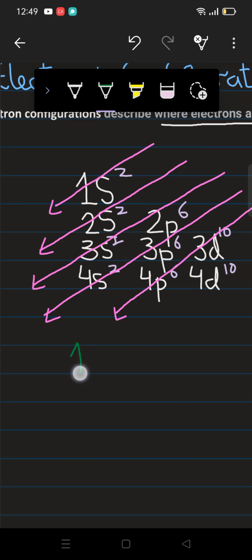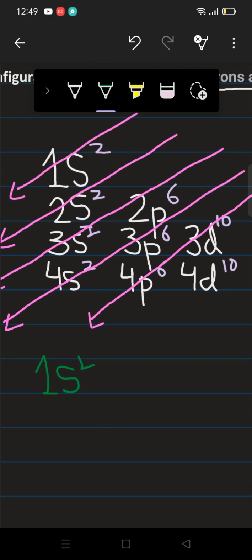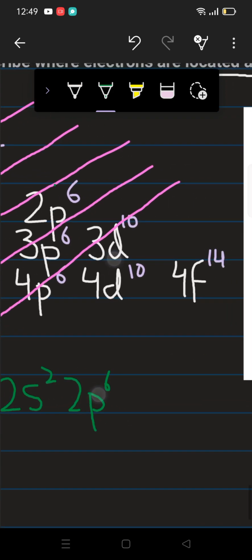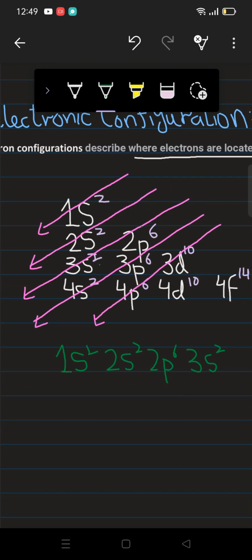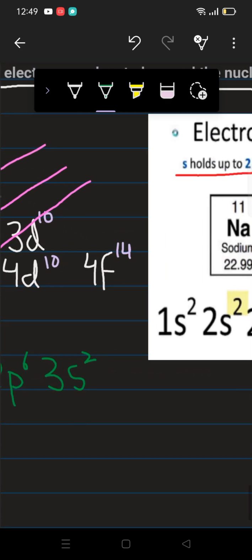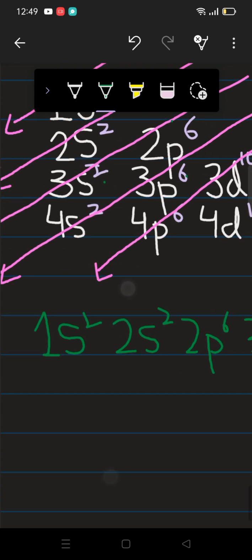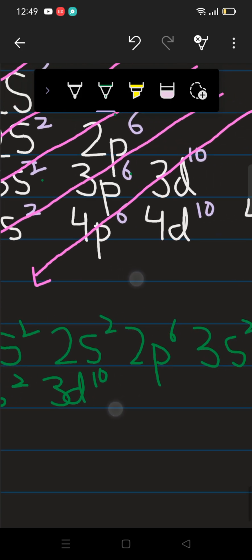Initially electrons would be going in 1s2, then 2s2, then 2p6, then 3s2, alright, then 3p6, then 4s2, then 3d10, then 4p6, and so on.